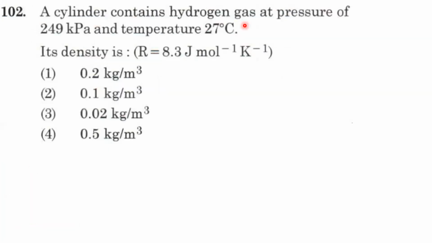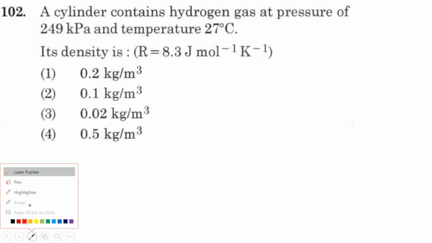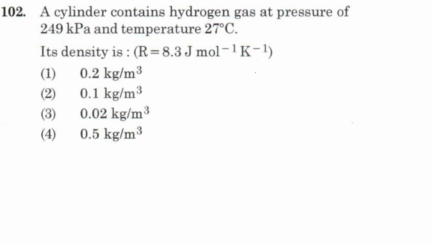A cylinder contains hydrogen gas at a pressure of 249 kilopascal and temperature 27 degrees centigrade. Its density is dash. They are asking the density of the gas. We know that PV is equal to nRT, and the number of moles is equal to the mass of the gas divided by the molar mass.